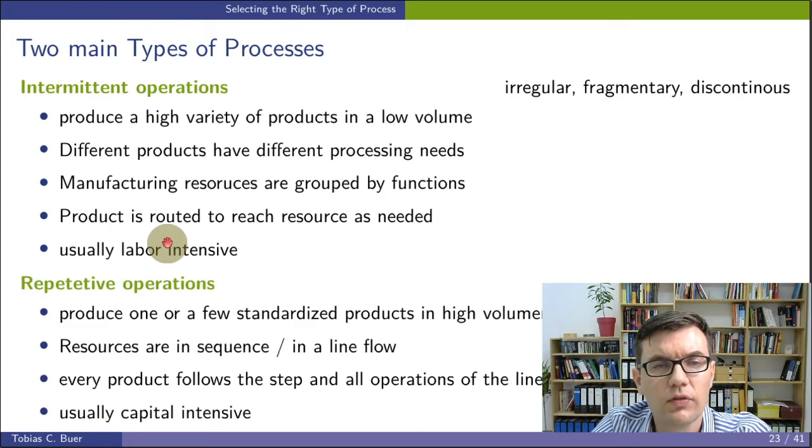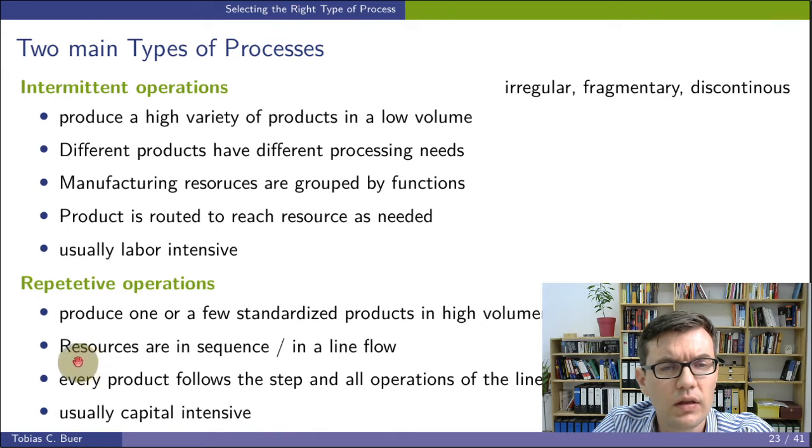And on the other end of the continuum, we have repetitive operations. We use repetitive operations when we produce a few very highly standardized products in a high production quantity.